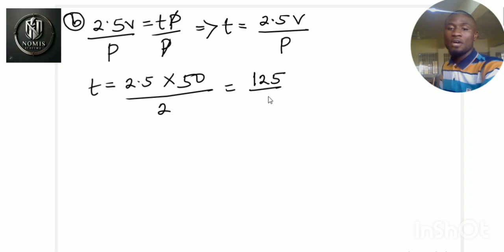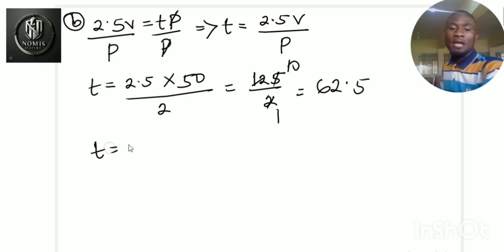125 all over 2. So divide 125 by 2. 2 in 12 is 6, 2 in 5 is 2, remainder 1. So 2 in 1, put a decimal point, we add 0. 2 in 10 is 5. That is 62.5.